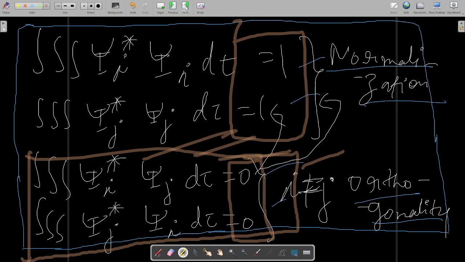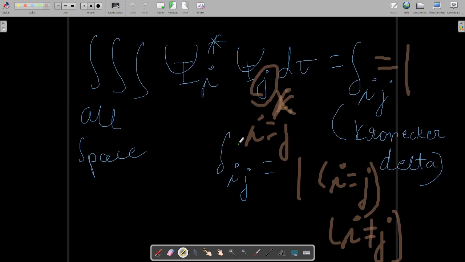So basically, when i is not equal to j, this Kronecker delta becomes equal to 0.